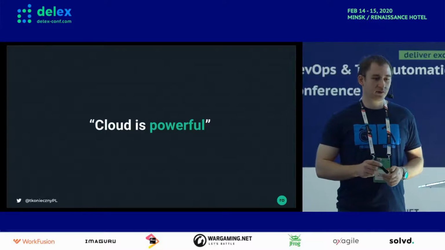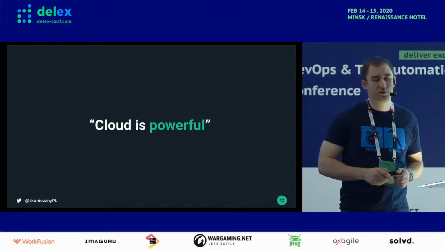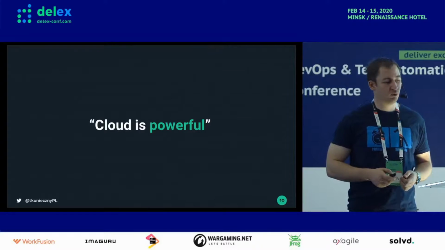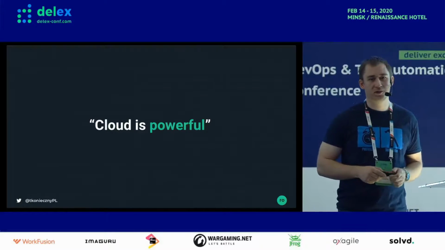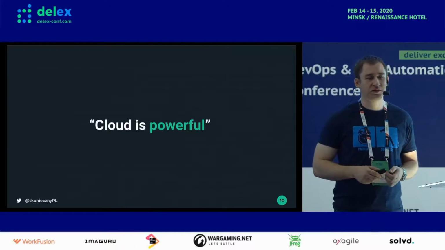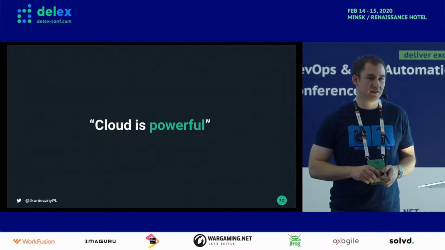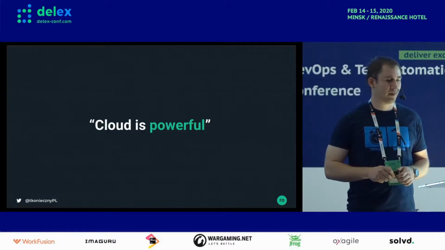And also 2 things at the end. I really think that cloud is powerful because it allows us to do things easier. We can use services that allow us to just do what we want, not to think about infrastructure that much. And I think that this example is really simple. I mean, it's not that hard to implement using cloud services.